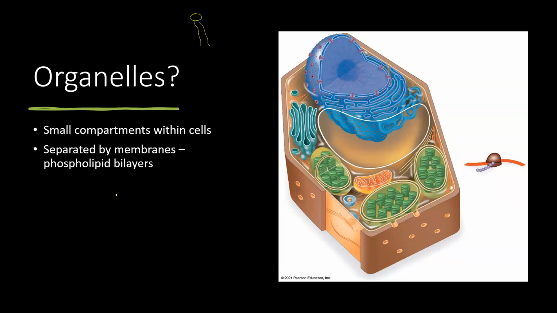So when you put a bunch of phospholipids in water, this is basically what they do. They're going to form a bilayer. Hopefully you remember that, because this was part of the review. Very important concept to understand.